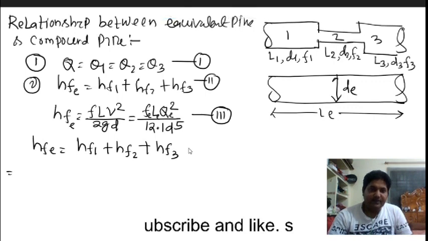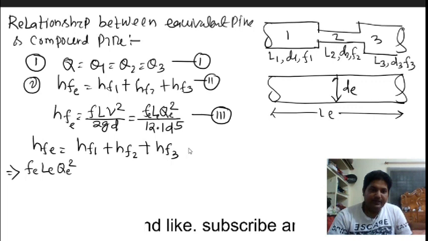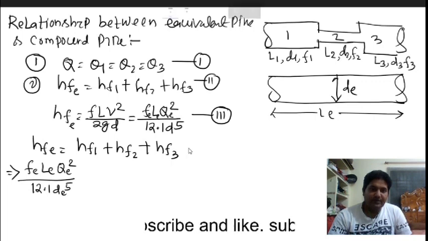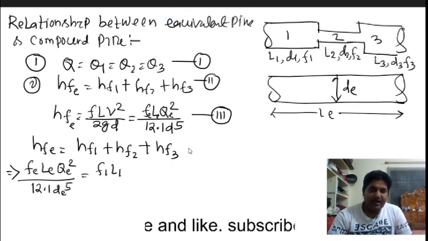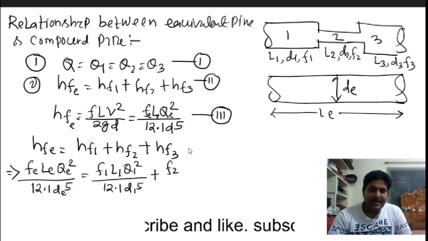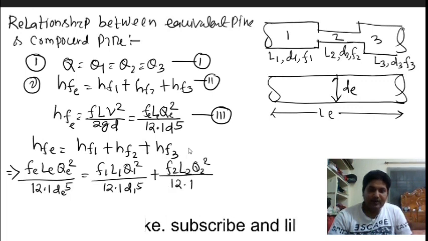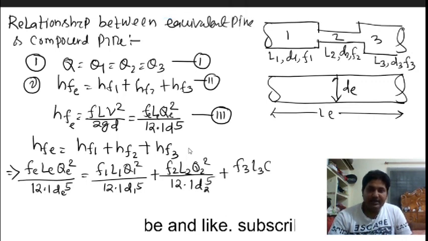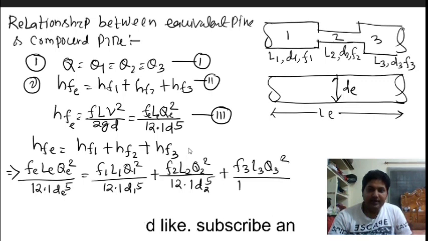So HFE I can write down as FE LE into Q square divided by 12.1 into D to the power 5. Then again F1 L1 Q1 square divided by 12.1 D1 to the power 5, plus F2 L2 Q2 square divided by 12.1 D2 to the power 5, plus F3 L3 Q3 square divided by 12.1 D3 to the power 5.